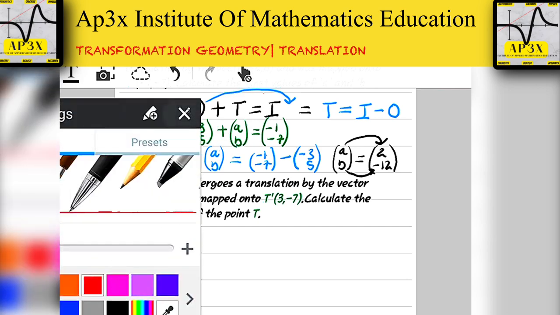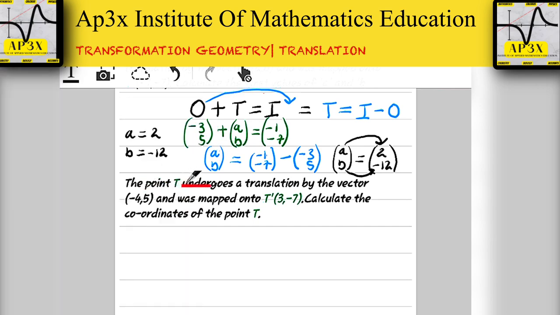Now we're looking at the point T that undergoes a translation by the vector -4, 5, and it was mapped onto T prime 3, negative 7. We are to calculate the coordinates of T. As we said earlier, without the complement, the letter represents the object.